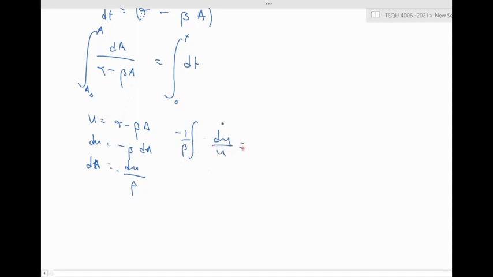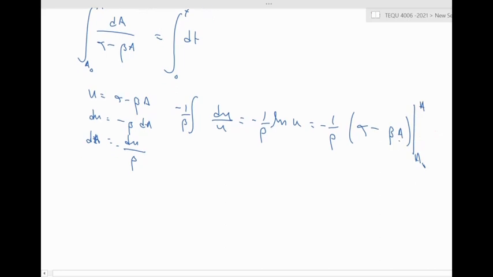So it's very straightforward to find out that this is minus 1 over beta, and this is definitely the definition of logarithm of U, which eventually I recover in my original variables, since the definition of U is alpha minus beta A, the concentration of the material. Since now I am in my right variable, let's get the limits, A0 and A. If I do that evaluation, that will be minus 1 over beta, I'm missing one thing here.